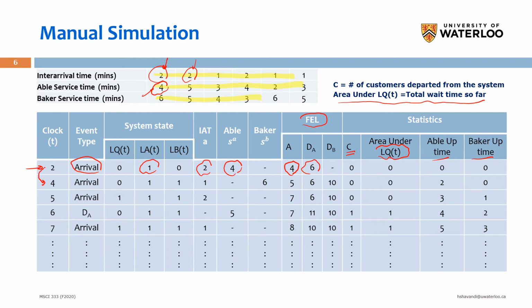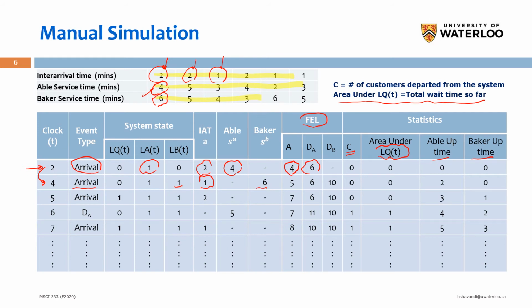So the next event will be arrival, and since Baker is free, Baker will take this call. So Baker becomes busy at time 4 as well. And since again it's arrival, we need to generate the next arrival time. So the inter-arrival time here based on data is 1 minute, and service for this customer, since the server is Baker, will be 6 minutes, right?